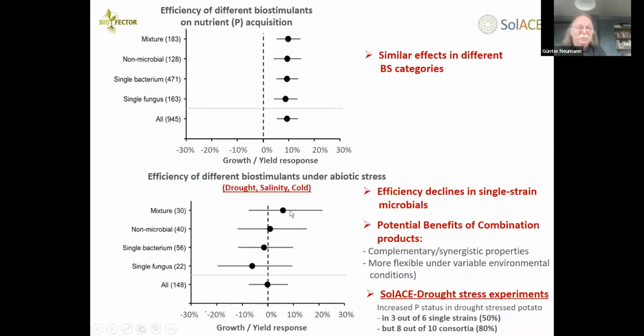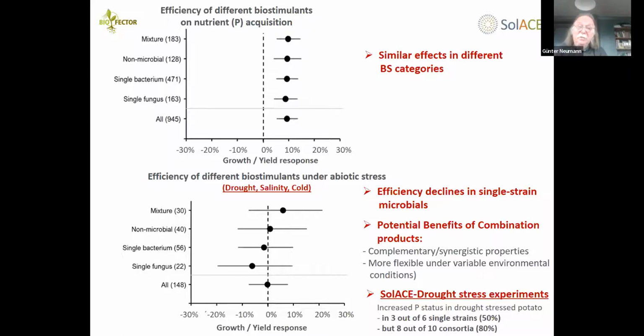But we also see that we have a potential benefit of combination of consortium products with complementary or synergistic properties, which may be more efficient under flexible environmental conditions. And this was also the reason why we mainly focused on consortia in SolACE.